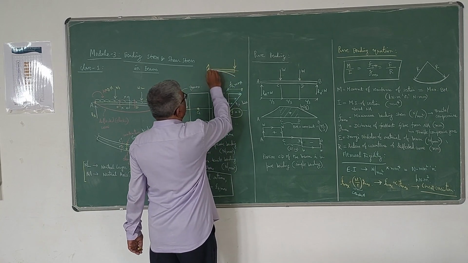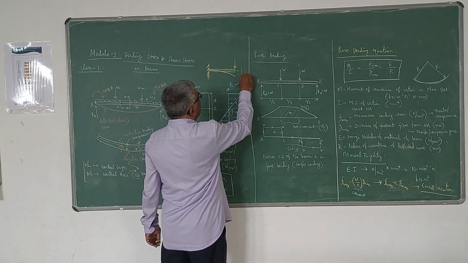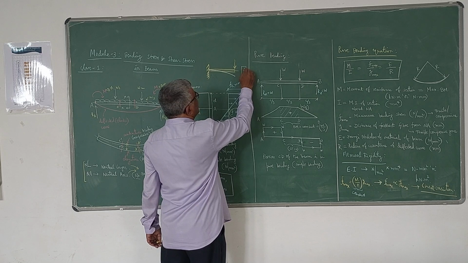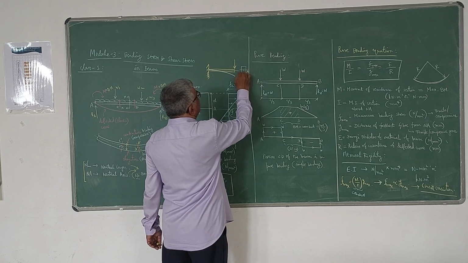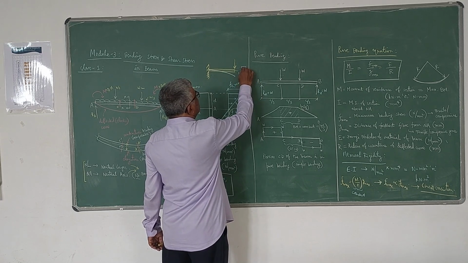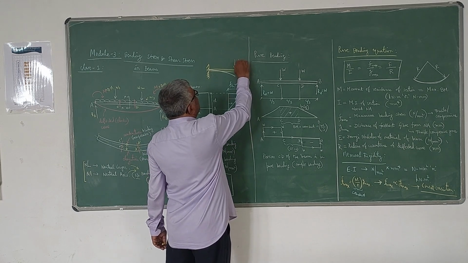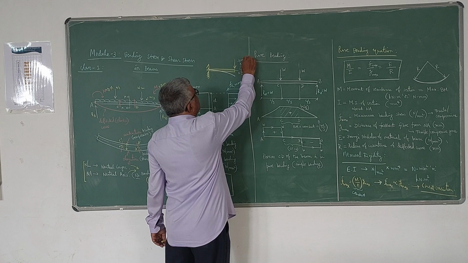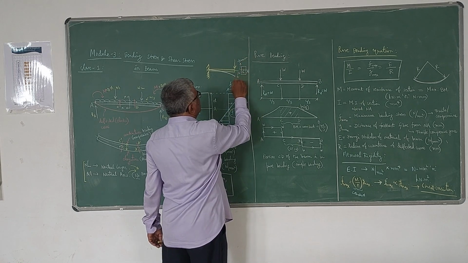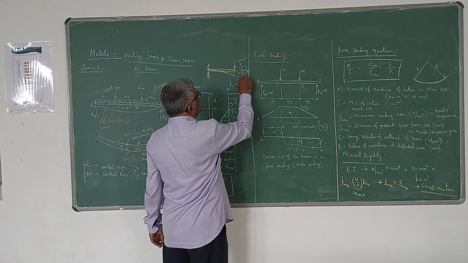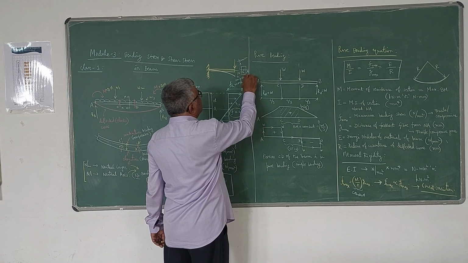If you take the cross section of this cantilever beam as rectangular, and locate the neutral axis, it passes through the centroid. Above the neutral axis, you see tension. Below the neutral axis, you see compression because of the opposite nature of bending moment.